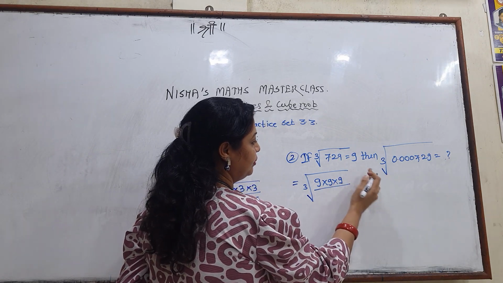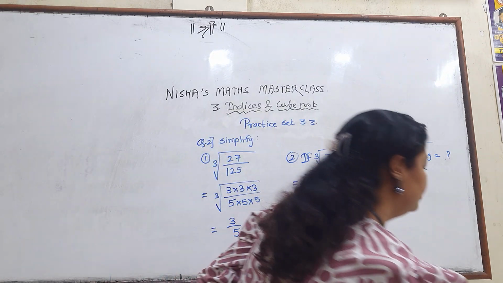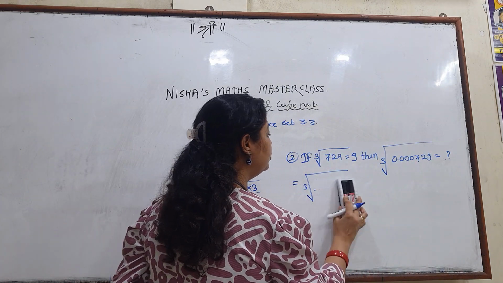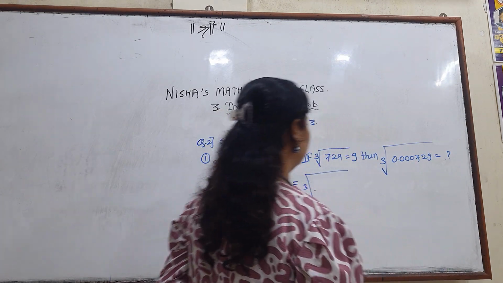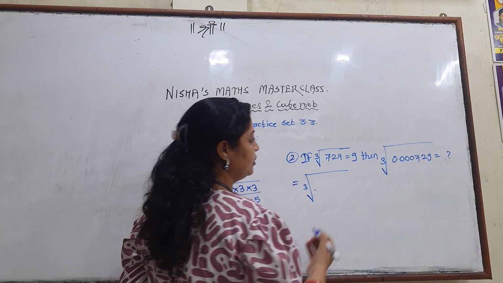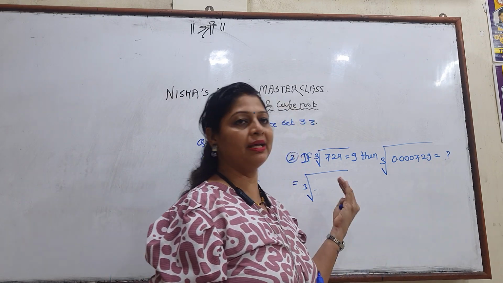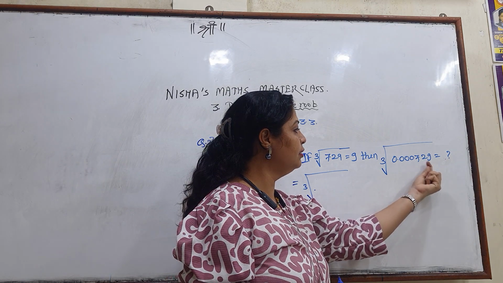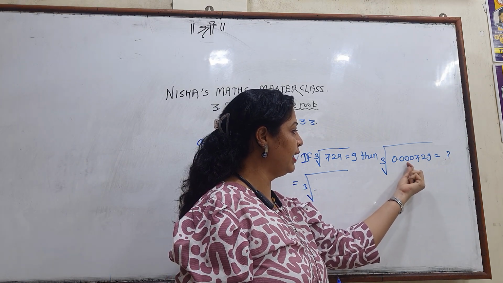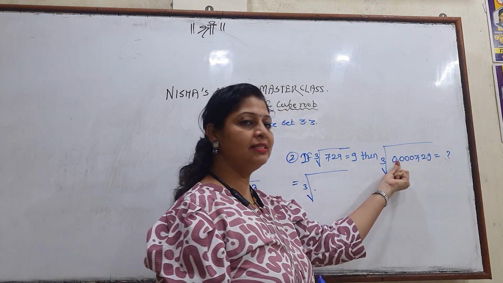And then before that children, we have to do one thing, we have to remove the decimal point first. Now how to remove the decimal point? When we remove the decimal point, at that time we have to count the zeros from the back side onwards. So 1, 2, 3, 4, 5, 6, and this point means 1.